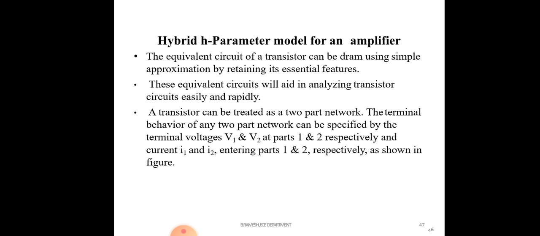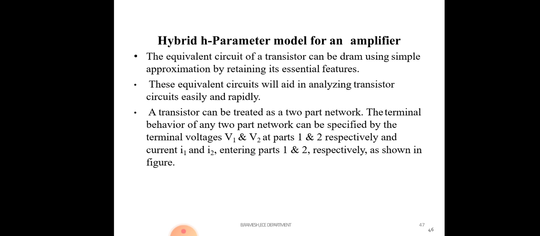To analyze any amplifier we should know the input resistance, the output resistance, the voltage gain and the current gain. These are the amplification factors we generally call the H parameters, because we are analyzing the amplifier. In an amplifier the terms change: generally for a circuit we say resistance, but in an amplifier we call it impedance. Thus the equivalent circuit helps in analyzing transistor circuits easily and rapidly. A transistor can be treated as a two-port network.